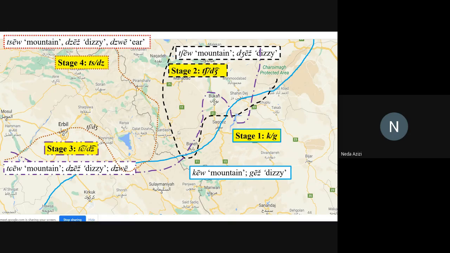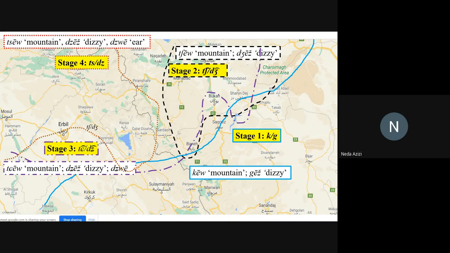And finally, a more radical form is the fourth stage, which is a fronting of fully palatalized forms, that is post-velar stops, like te, de. I think you heard a lot among the Kurmanji speakers, and you also heard it in Armenian, also possibly in Georgian and the Caucasus area, and other varieties of northern areas, that you hear this form a lot.